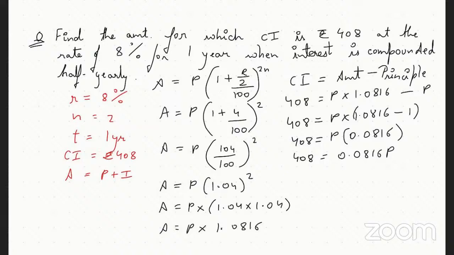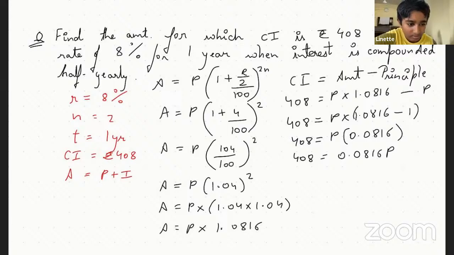If you cancel 104 and 100 and use the fraction, that is also good. If you put decimal 1.04, that is also okay. You'll get the same answer. The method should be correct, and it doesn't matter if you take the decimal or the fraction. All right. Ma'am, it's fixed. Thank you, ma'am.